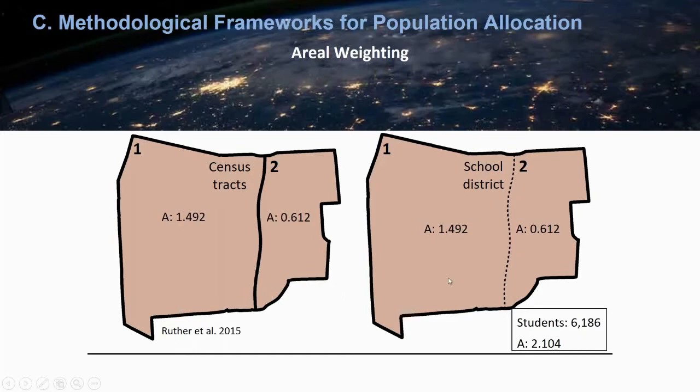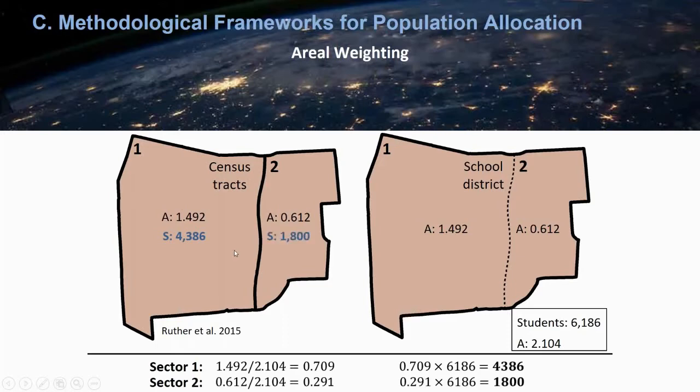The idea of area weighting is to calculate the proportion between the area of census tract 1 divided by the area of the whole study area, to come up with a proportion, as you can see here, of 0.709. This proportion is then multiplied by the number of students in the whole school district to have an estimate of students within census tract number 1.